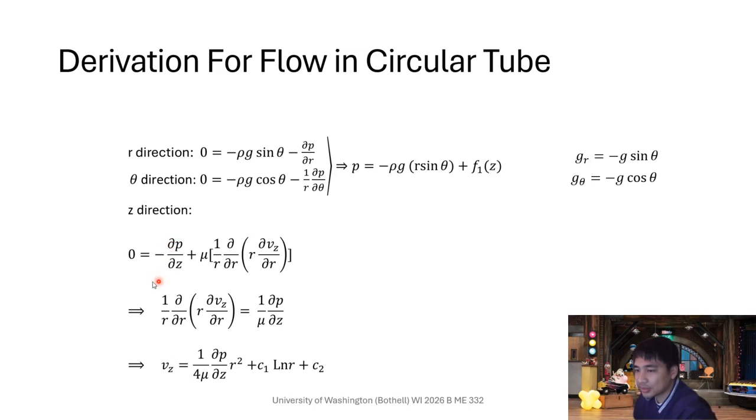Same thing, you move this over that way, and then you solve. You start moving more of these constants to the other side, and you're basically trying to solve for this vz here. So you isolate that, you take the integral to both sides. You're going to integrate twice, and then you get your constant 1 and constant 2 for vz there.